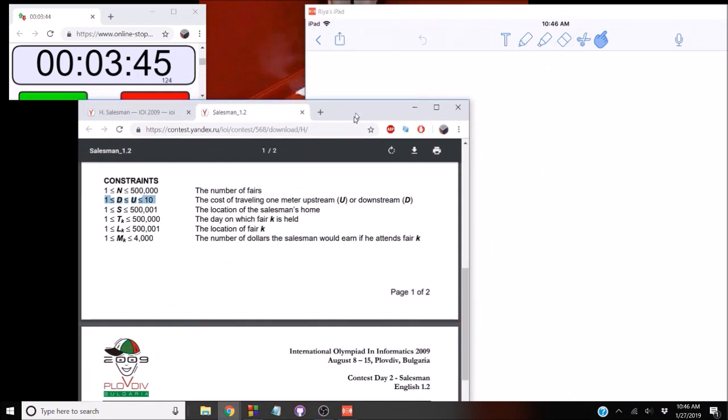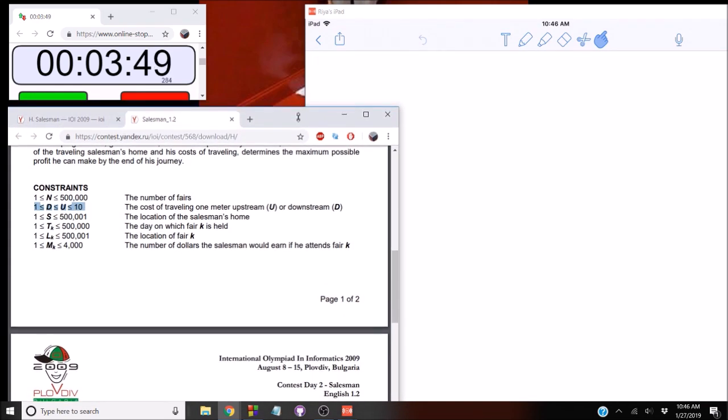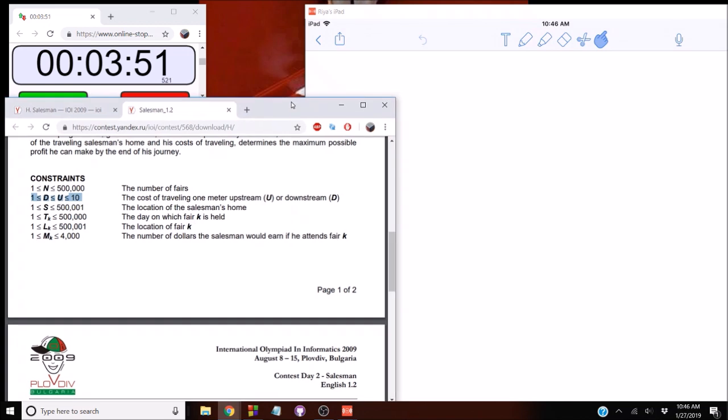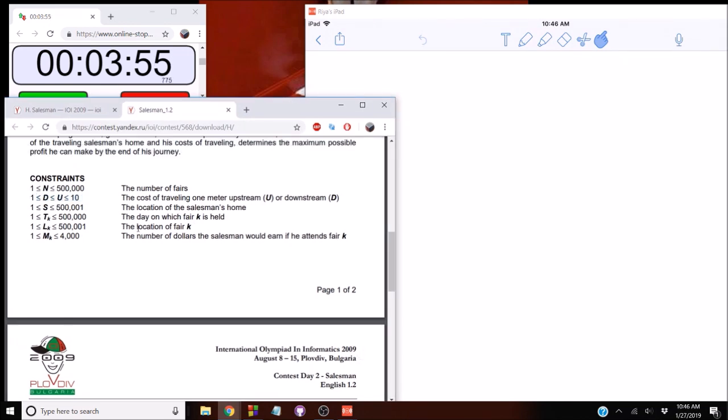Okay, I'm going to try to calculate what is the max money he can get. Let's just say he attends all the fairs, and at each of them he gets 4,000.